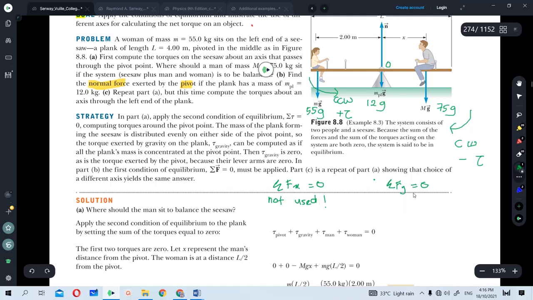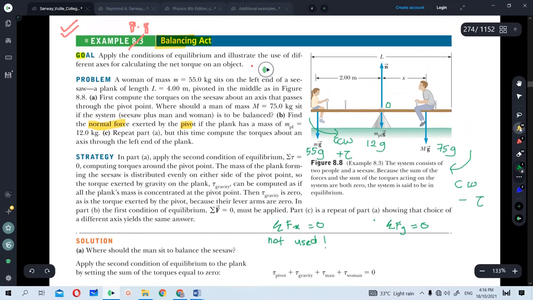Let's look in the y direction. How to look at it? Look at everything as a whole. By looking at everything as a whole, you will find there are 4 forces altogether: 1, 2, 3, 4.